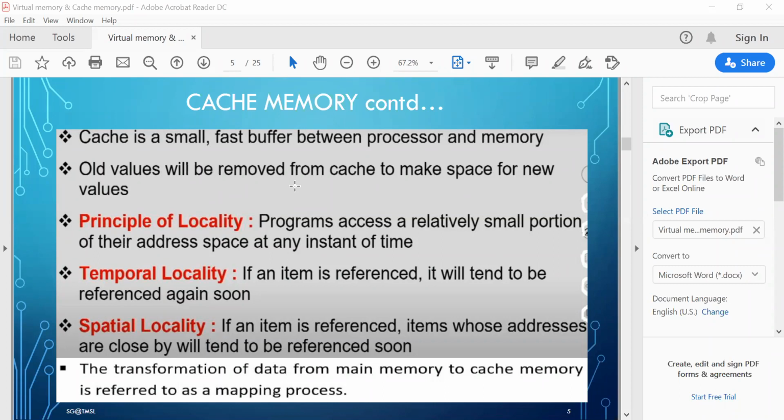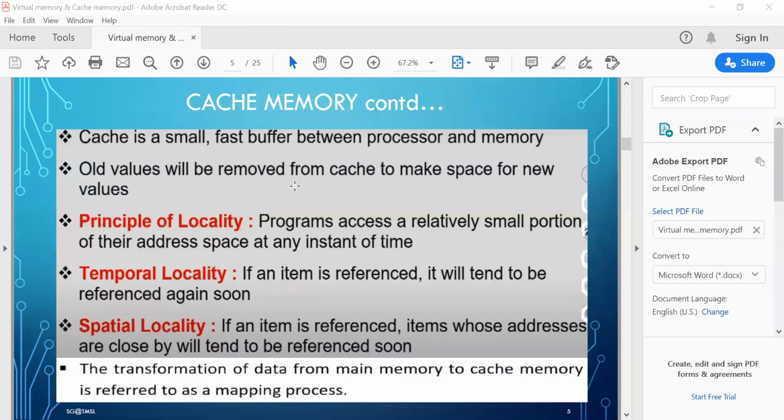This phenomenon is known as the locality of reference, or the principle of locality. And this property is used when a program loop is executed. When any loop is executed, the processor repeatedly refers to the set of instructions in memory that constitutes the loop.